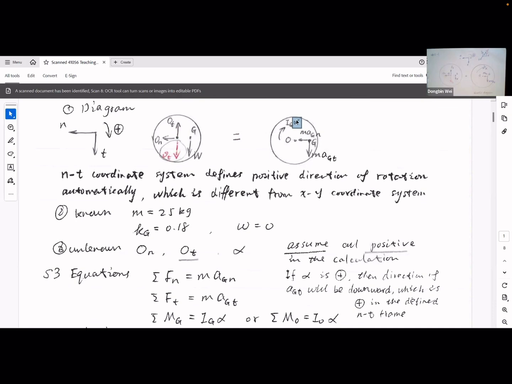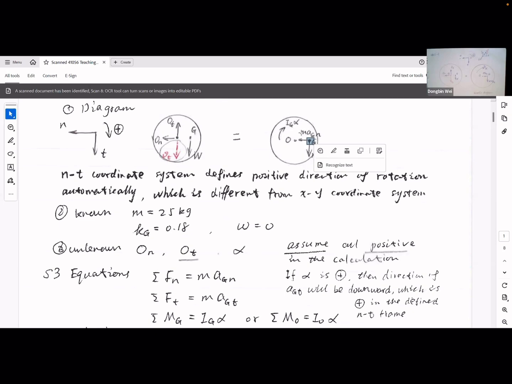If you have already indicated alpha is clockwise positive, then because the direction of AGT, the tangential component of the acceleration at point G, is related to the direction of alpha, and the rotation center O is here and G is here, AGT must be tangent to the circular moving path of point G, and it must be downward.